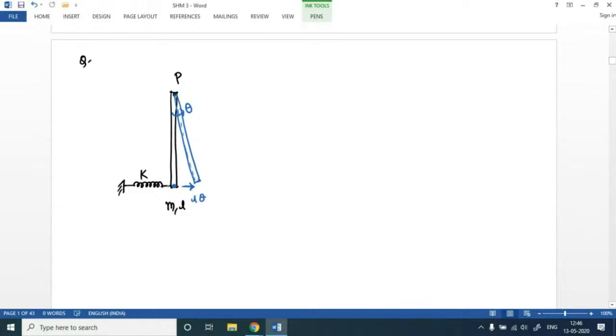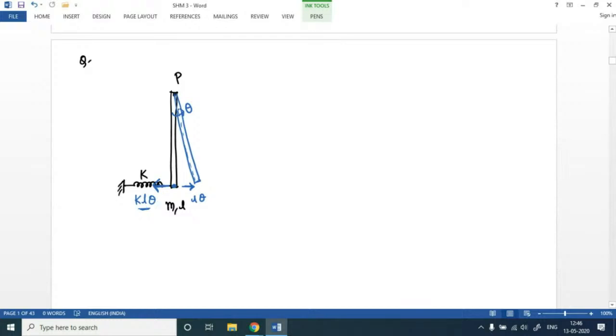So this spring will be exerting a restoring force that would be K into L times theta. Obviously that would be the cos component, but since theta is small, cos theta tends to 1, so we are able to use that approximation over here. So that is KL theta.